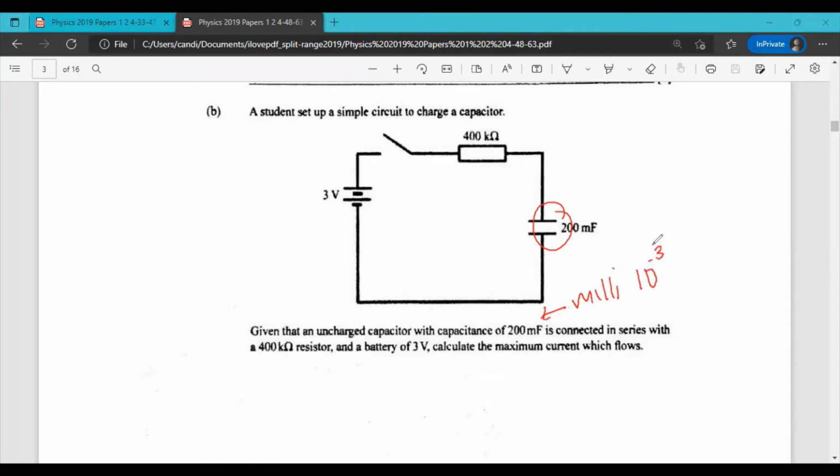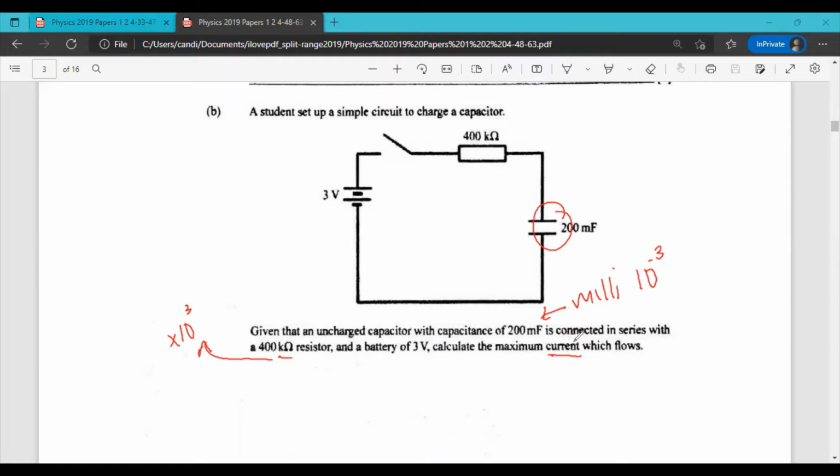It's connected in series with a 400 kiloohm resistor, okay, that means multiply by 10 to the positive 3, and a battery of 3 volts. Calculate the maximum current which flows.